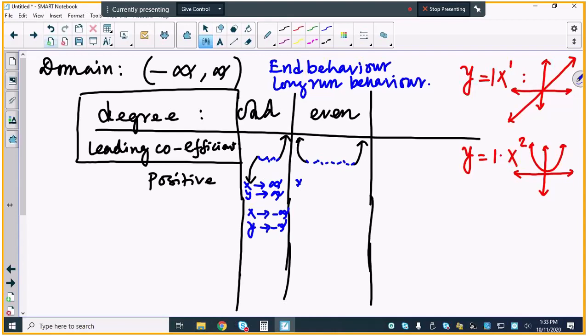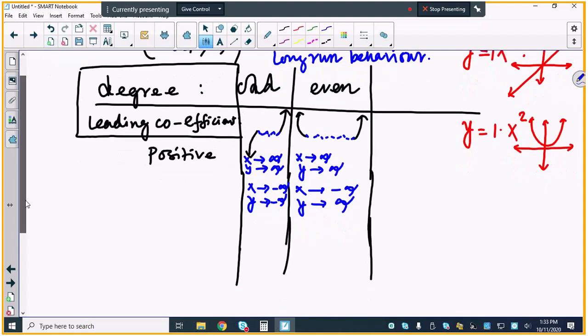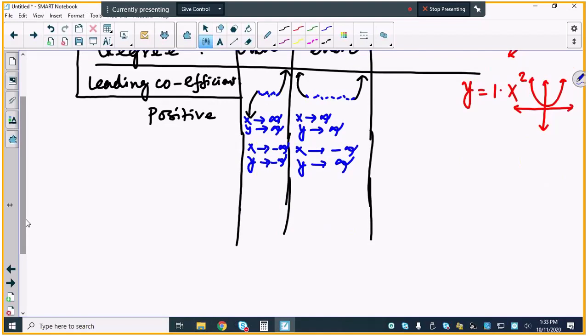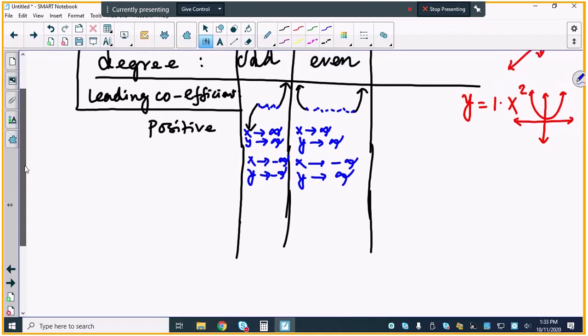Well, if x goes to far right or x goes to infinity, y goes to infinity as well. If x goes to negative infinity, y still goes to infinity as the left end goes up. So this is what is happening when we have positive leading coefficient, odd degree, and even degree.